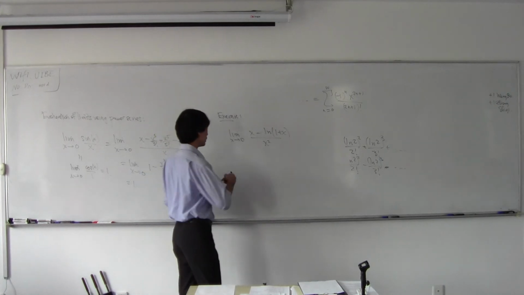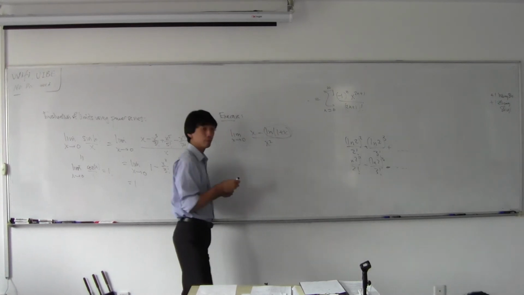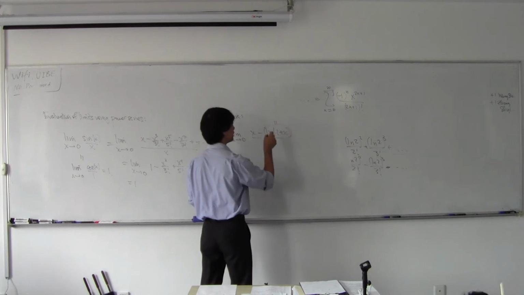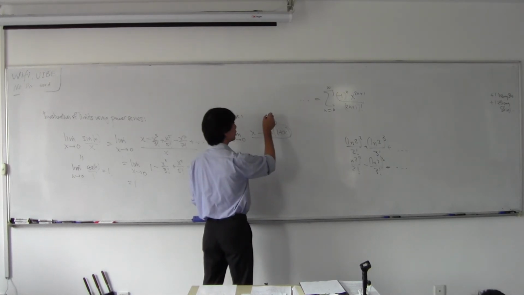Okay, let's do it. What's the power series for natural log of 1 plus x? Does anyone remember? We did this yesterday or the day before? Say one more time.